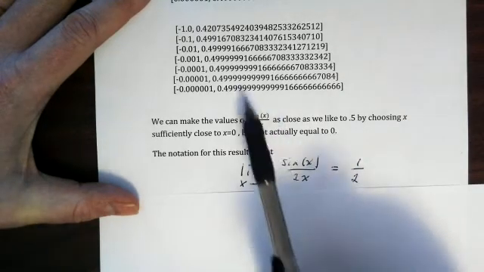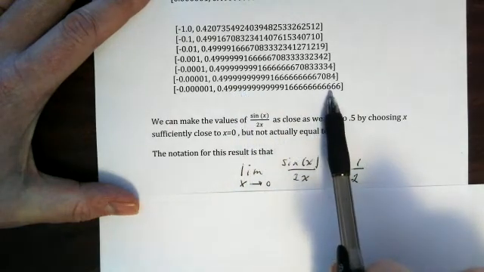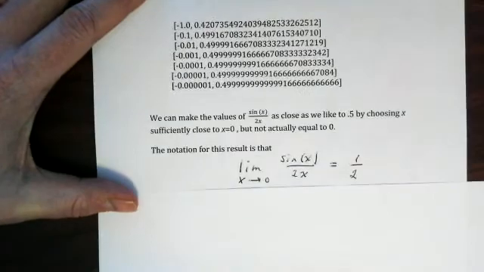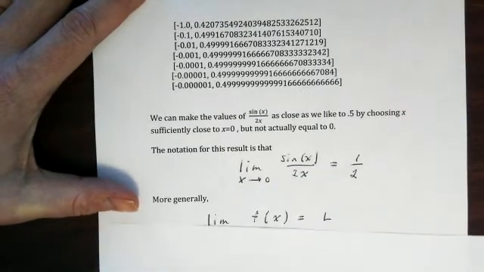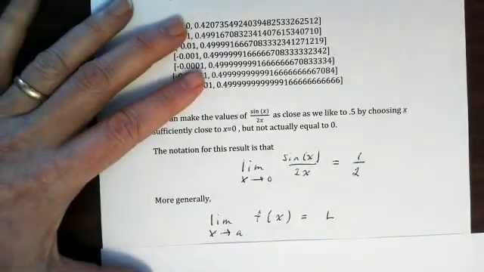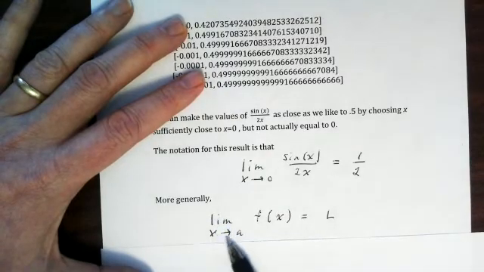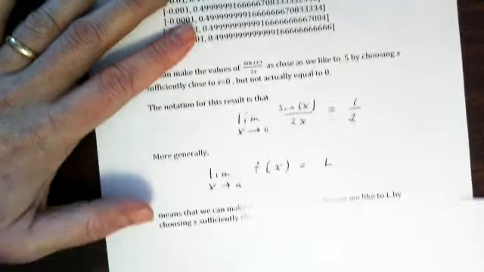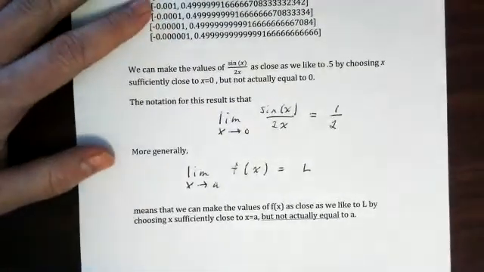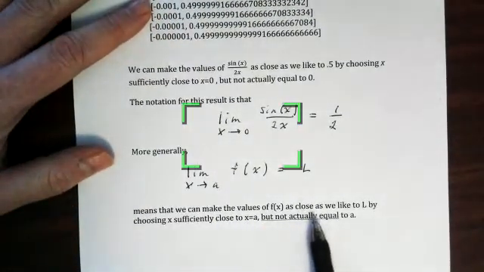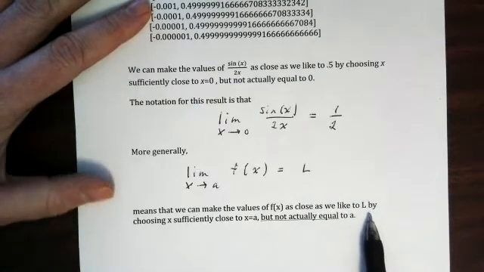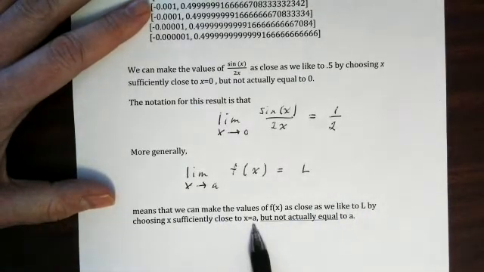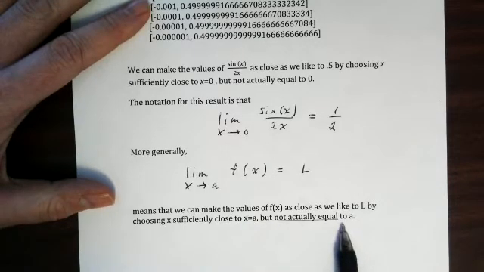Not just close to 1/2, but we can make the outputs as close to 1/2 as we like by choosing x sufficiently close to, but not equal to 0. More generally, we can write the limit as x approaches a of f of x equals L. That means mathematically that we can make the values of f of x as close to L as we like by choosing x sufficiently close to a, but not actually equal to a.